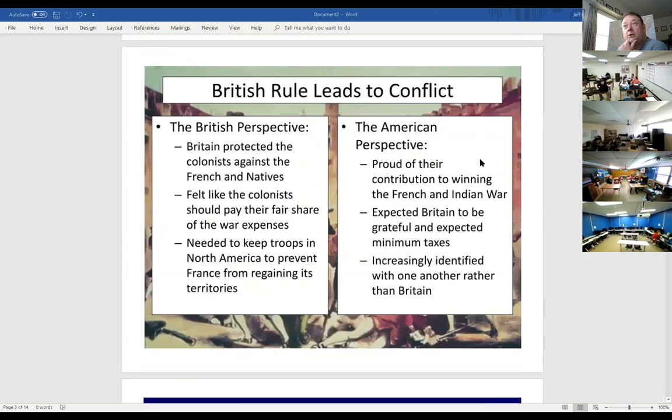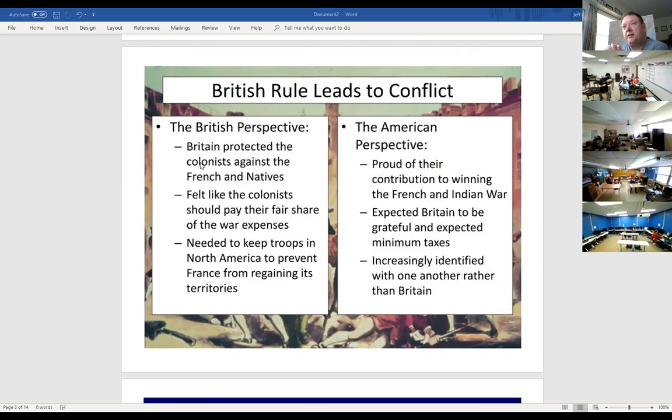And here were the different perspectives from the British in England and the colonists here in America after the Seven Years' War. Britain felt like they had protected their people from the French and the Native Americans. The Americans were proud that they contributed to winning this war.